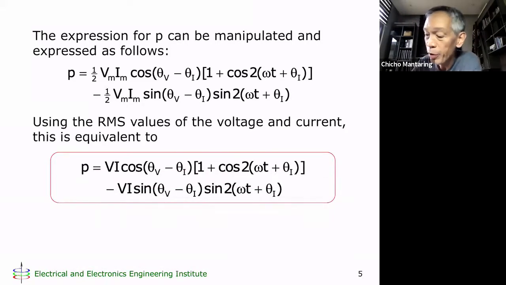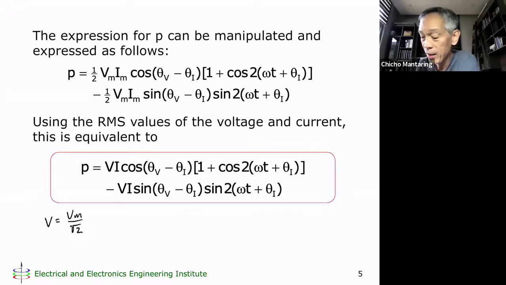Okay, what I want to do is, instead of using amplitude, so Vm and Im are amplitudes, I want to convert this expression for P using voltages and currents expressed in RMS value. So V is equal to Vm over the square root of 2.